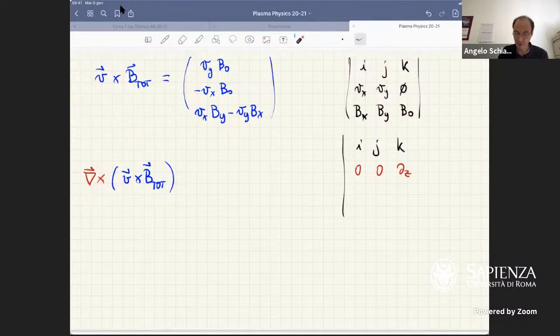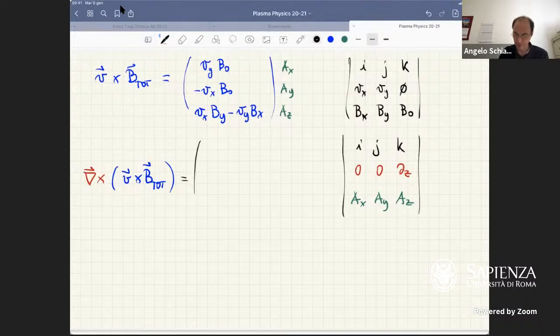And for the second one, let's use this color scheme to simplify. Let's call this vector ax, ay, az. And we're going to have this vector here.